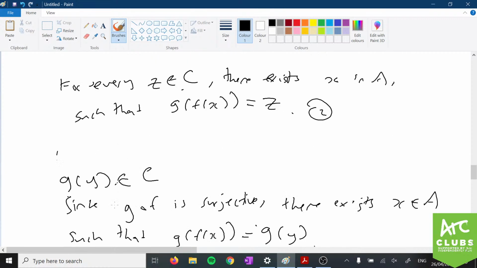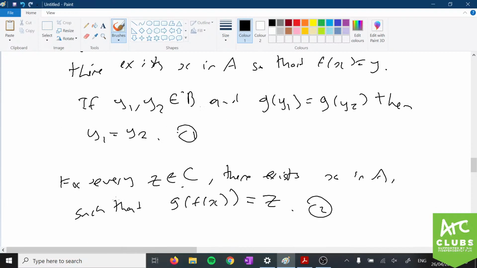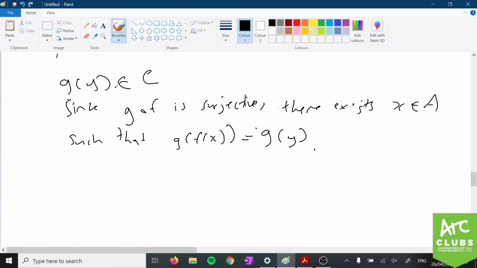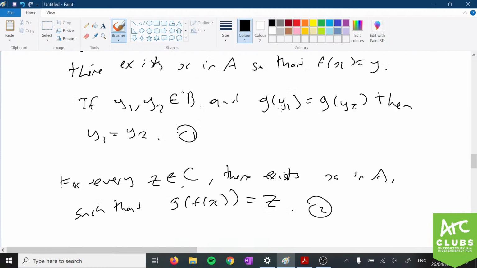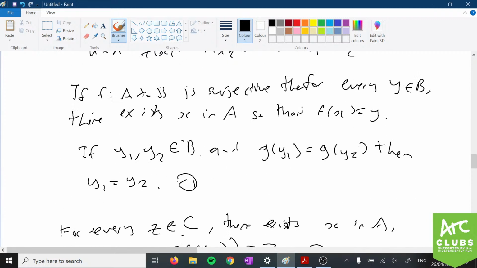Now, the next step will be using fact 1 here. And fact 1 is based on g being injective, and the y1 and y2 in our fact can be substituted with f of x and y here, because f of x and y are both in B, and g of f of x equals g of y.